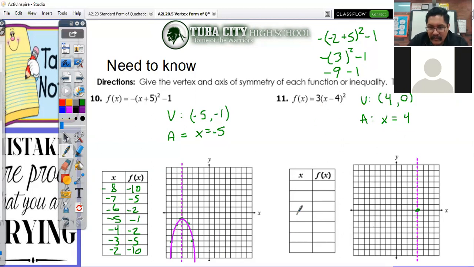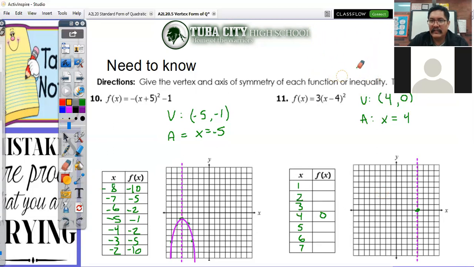So let's go ahead and start filling out our table. 3, 2, 1, 5, 6, 7. And we're going to have to evaluate our function for each of those steps. All right, so this one has a 3, and then we'll put our first number in there, 1. And square. Oh, and there's nothing else outside, so that's all we got to do.